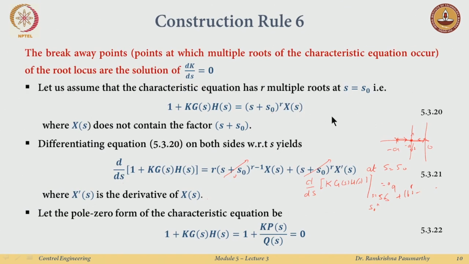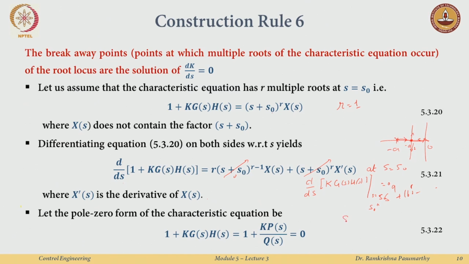Now the equivalent condition here: when does R have a multiplicity at least 2? If R was just 1, dk by ds would not be 0, it could be something else, because this guy would go away. But if R is 2, this guy would go to 0, this guy would also go to 0. So if s naught occurs twice, it means d over ds of k times g times h equals 0, right.